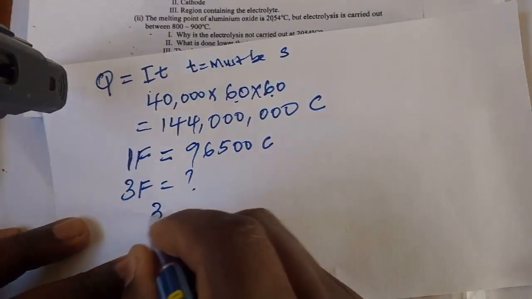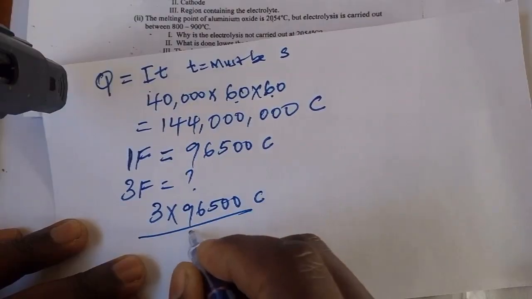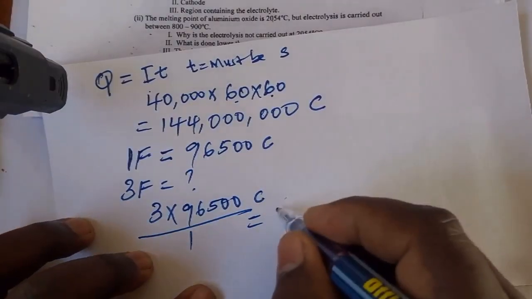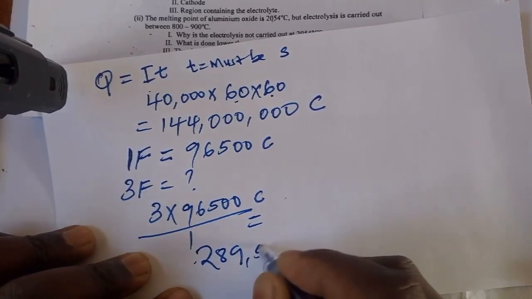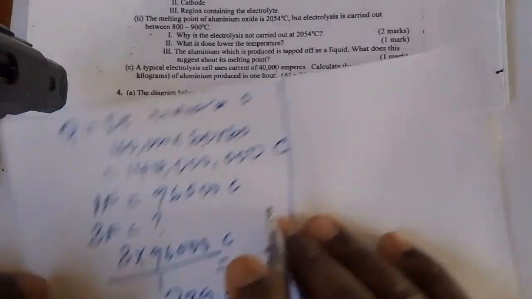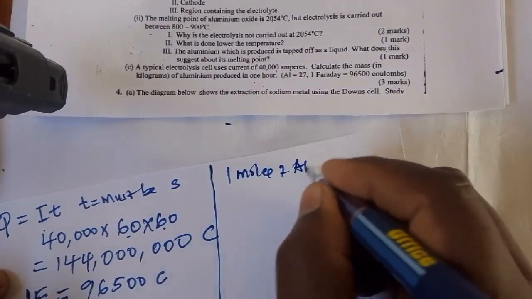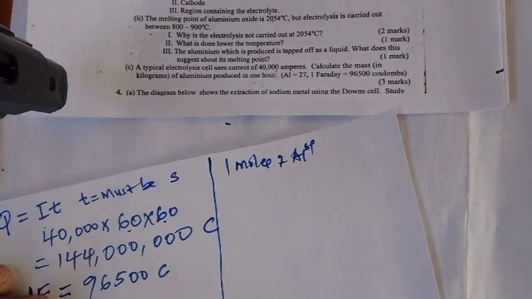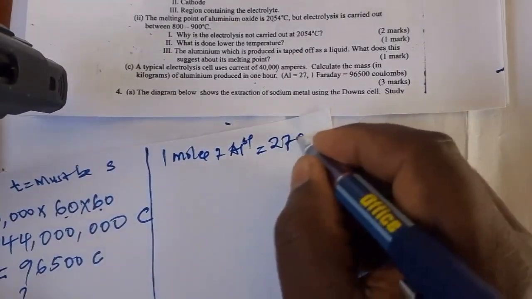So that is 3 times 96,500 divided by 1, and that one will give us 289,500 coulombs. So 1 mole of aluminium ions will contain 27 grams, right?